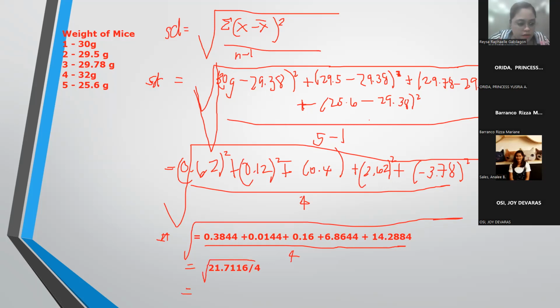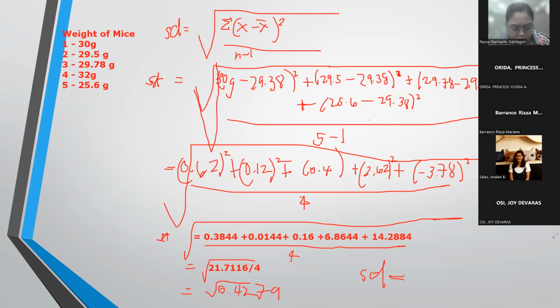So next, let's divide this by 4. When divided by 4, this becomes the square root of 5.4279.